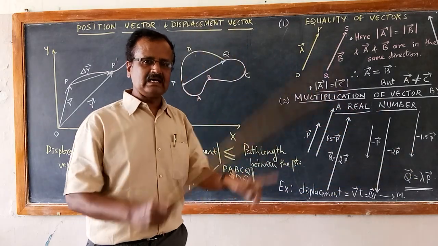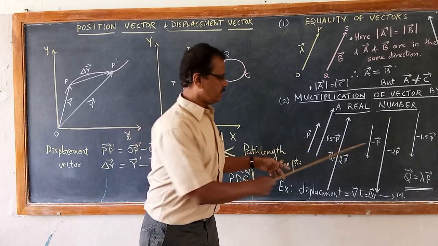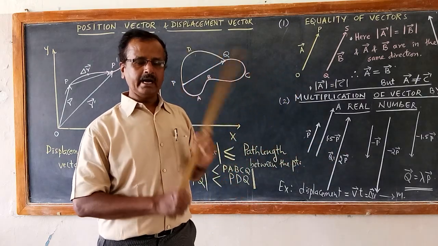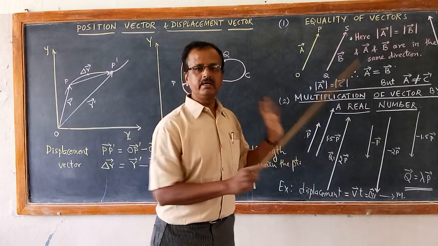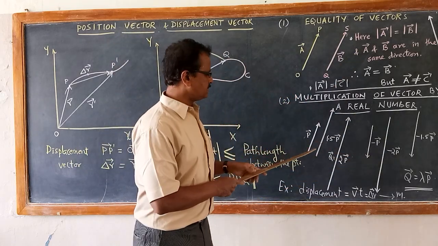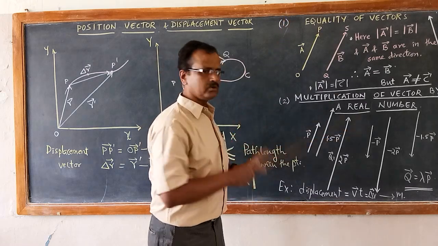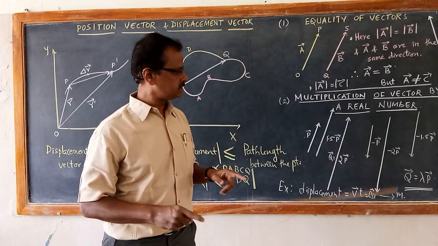So they are anti-parallel vectors, but they are not equal vectors, because this one has direction upwards and this one has direction downwards. Therefore, they are not equal vectors.